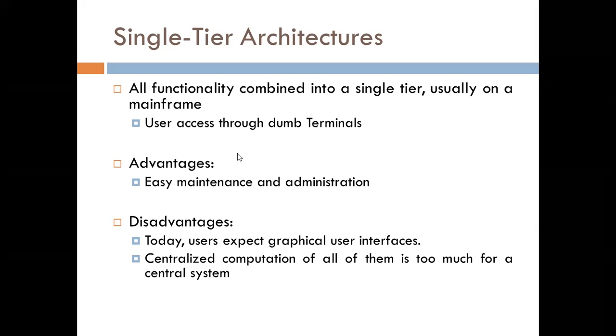The advantage of single tier architecture is that it is easy to maintain and administer the data, because everything is available at a single end. The only thing we need is client access to the mainframe machines. But the disadvantage is that today users expect graphical user interfaces.